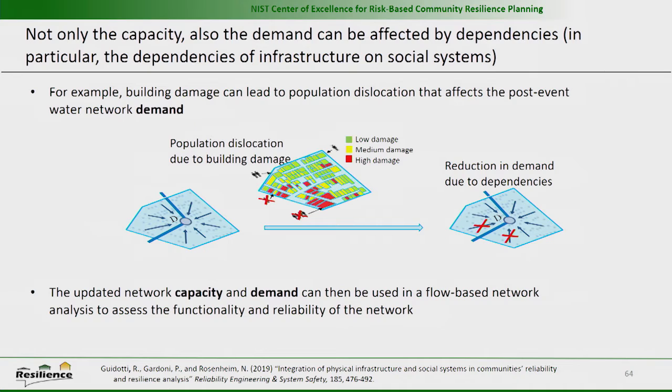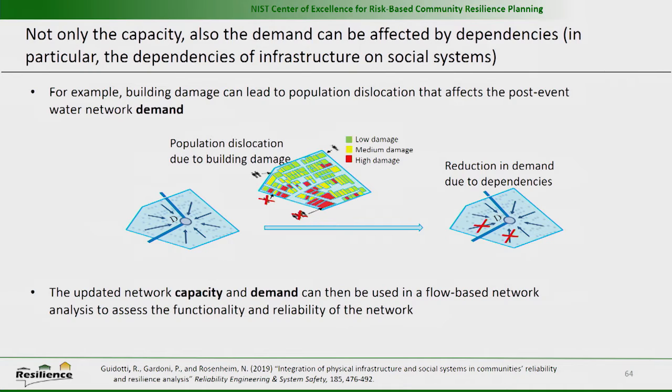But not only the capacity, also the demand can be affected by dependencies. In particular, the dependencies of infrastructure on social systems. For example, building damage can lead to population dislocation that affects the post-event water network demand.